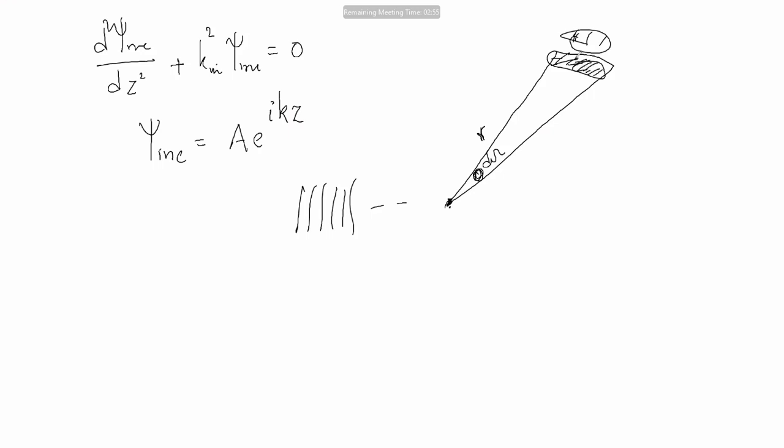Then what will be this area from geometry? This area will be nothing but R square d omega. Therefore, this area is R square d omega. This is the solid angle and this is the distance.